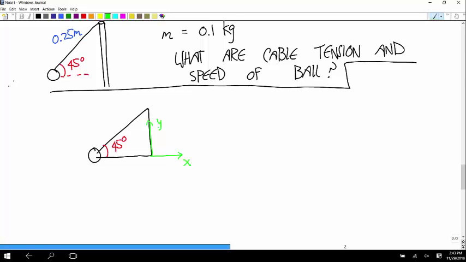And now we can just start by drawing the centripetal acceleration. So the centripetal acceleration goes from the ball toward the center of the circle. Is that in the positive or negative x direction? Okay, so the centripetal acceleration, we know that it's positive v squared over r and 0 for y.